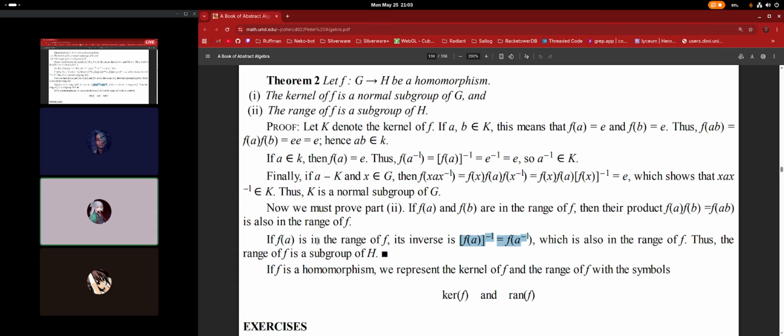Well, H is a subgroup of H, so that would cover that. I understand the technicality, but if what I'm saying is correct, this is just complicating for no reason. I doubt that. Why is this not written as the range of F is H?